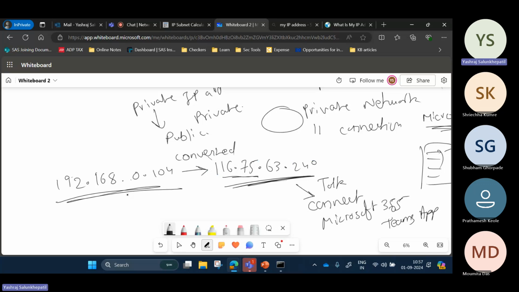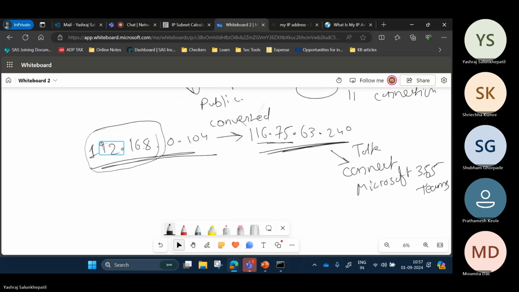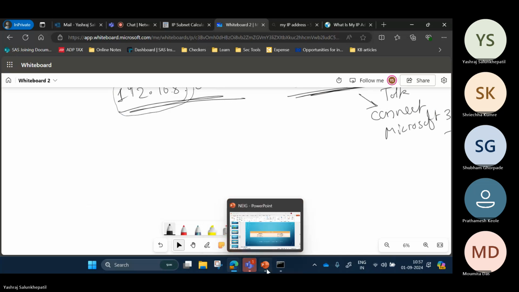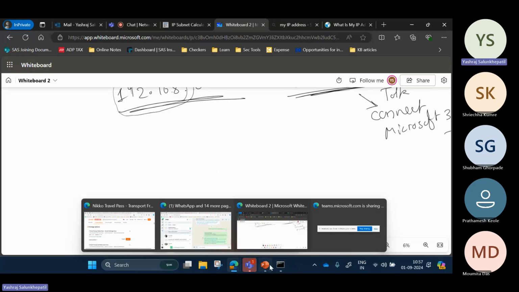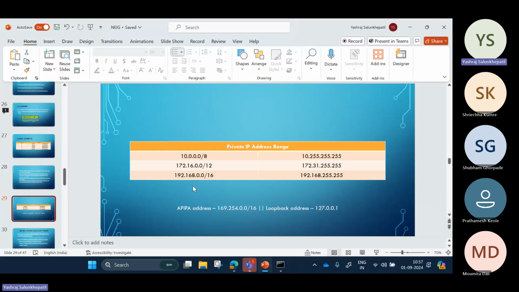For my parents and my smartphones and जो भी मेरे घर पे devices हैं, for them I am 192.168.0.104. Clear? Yes, sir. Thank you. Now private IP range, पूरी दुनिया में बस यही रेंजेस है, 10, 172.16 और 192.168.